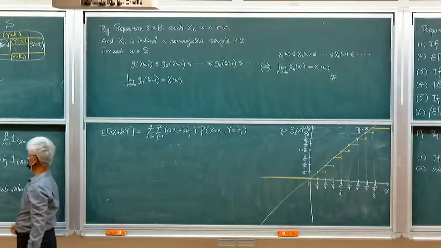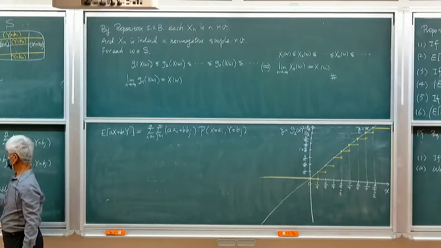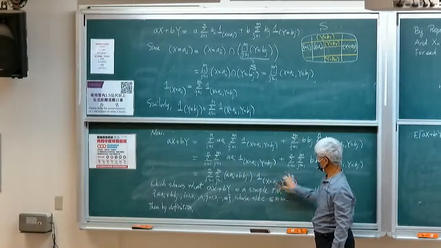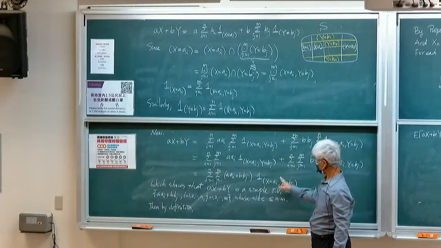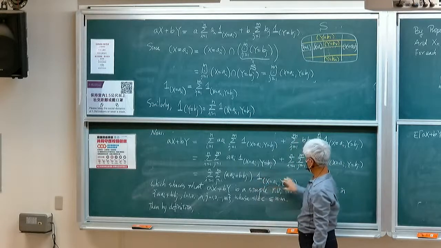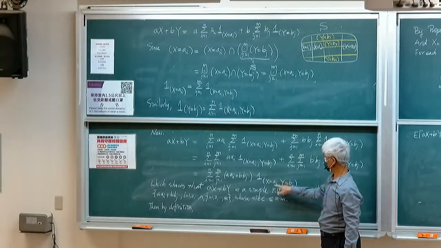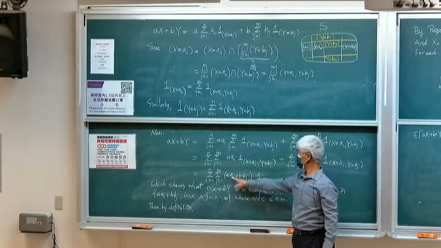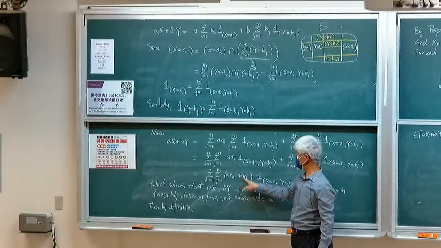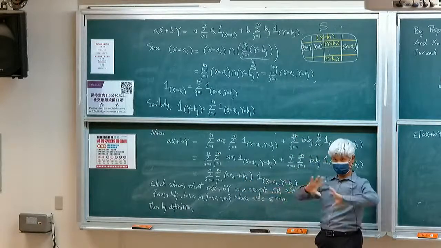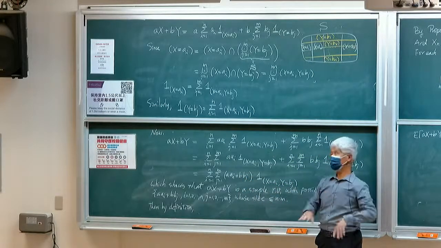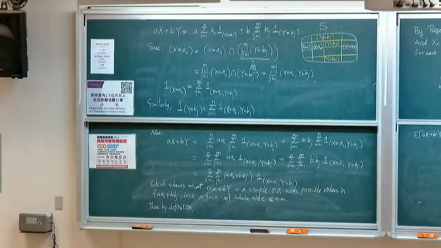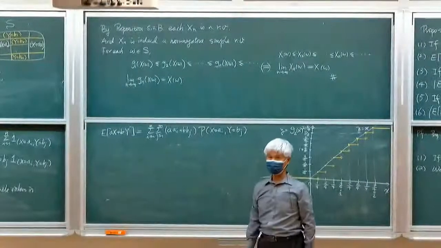Because when x takes this value and y takes that value, in this event the value will be a times ai plus b times bj. So we weight by this probability. Okay, so we have this one. Is that okay?